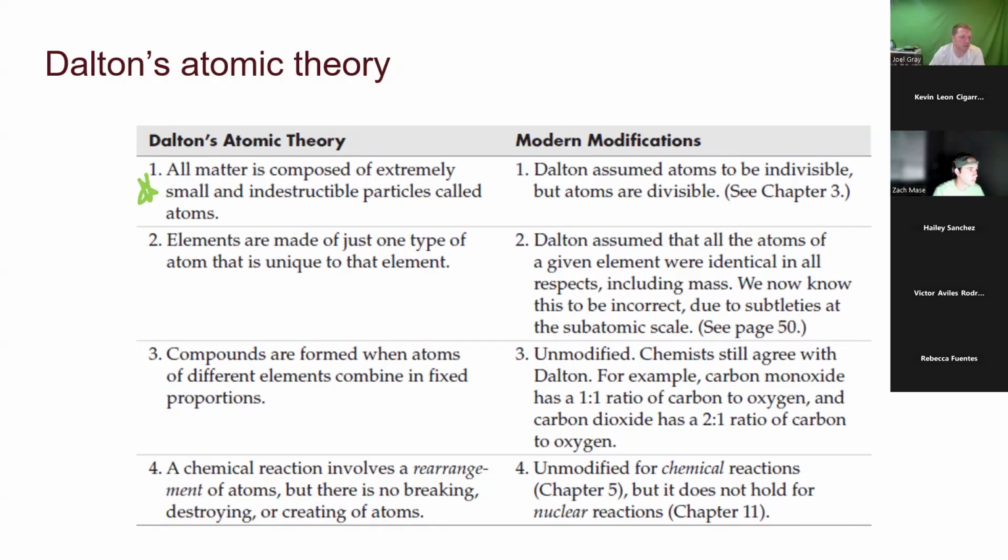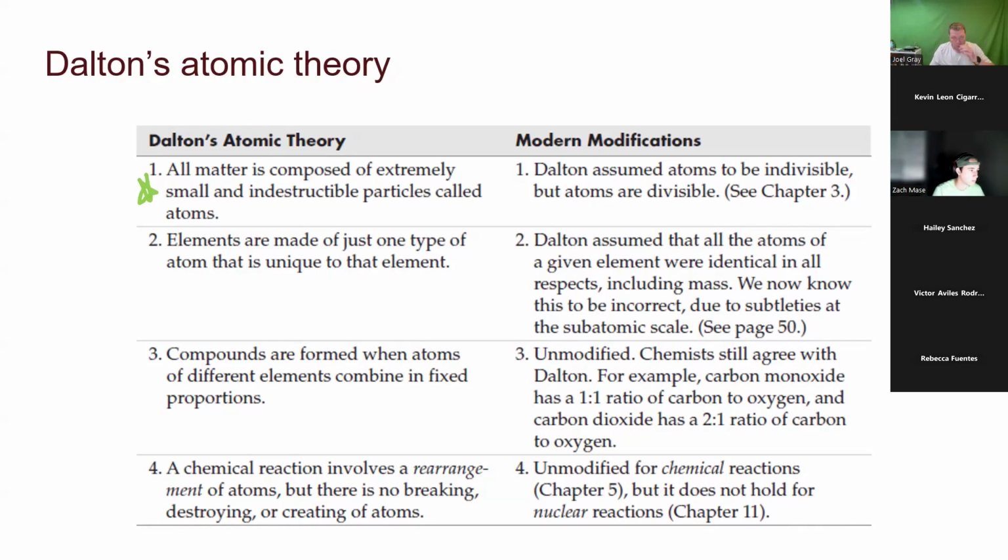Have we talked about things that are smaller than atoms? Yeah, subatomic particles. So, can things be broken down farther than an atom? Yeah, we know that they can be.